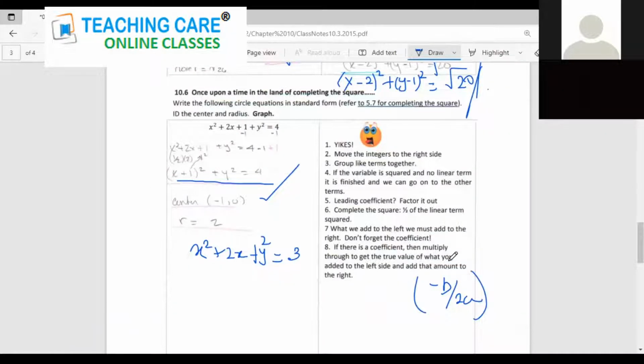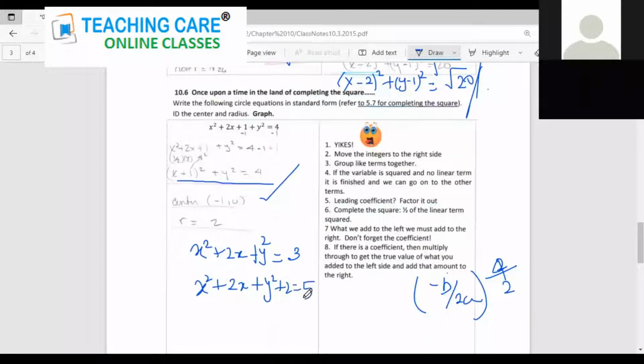What is your b value? It is 2, divided by 2. So I'm going to add 2 on both the sides.